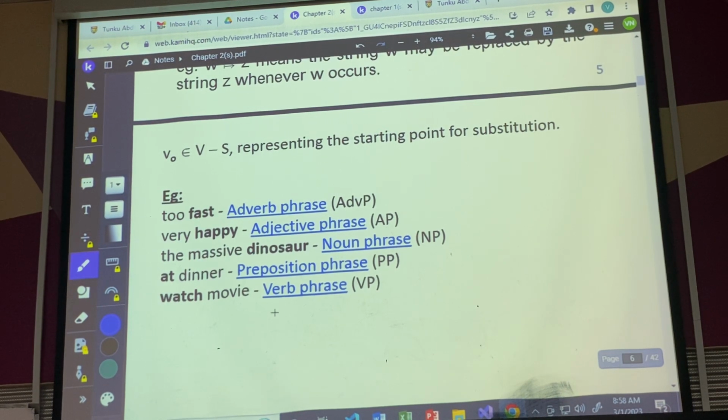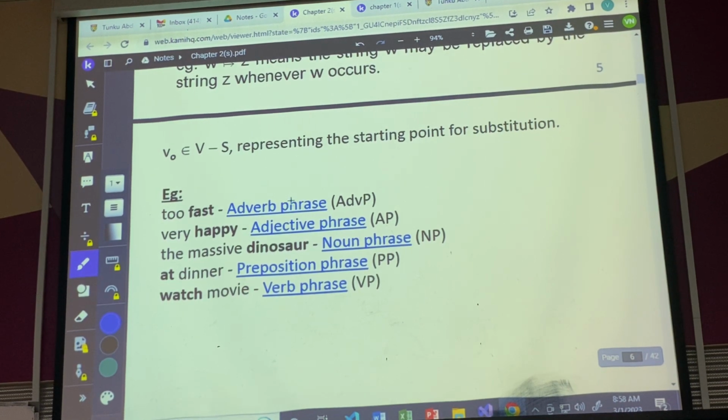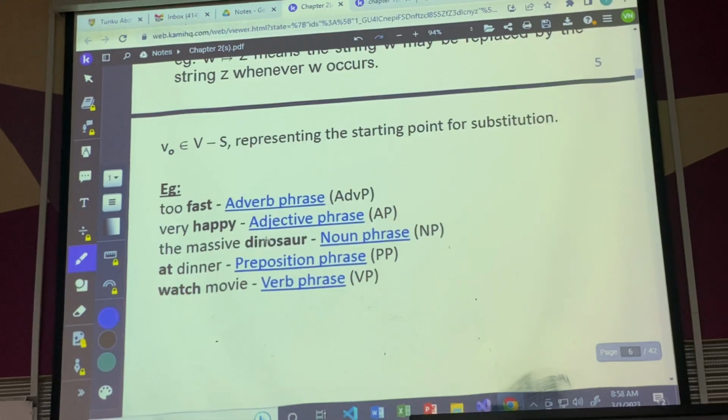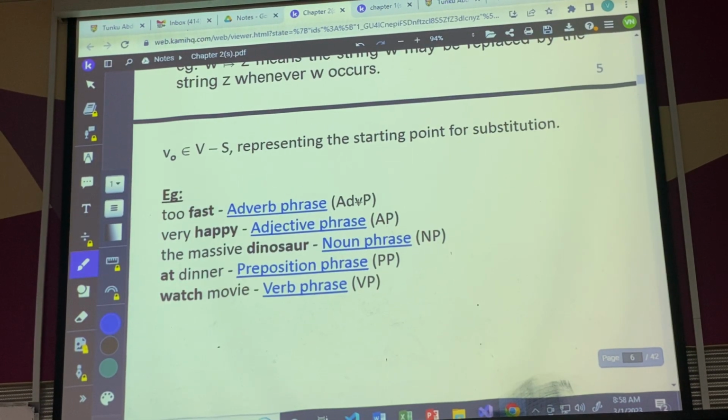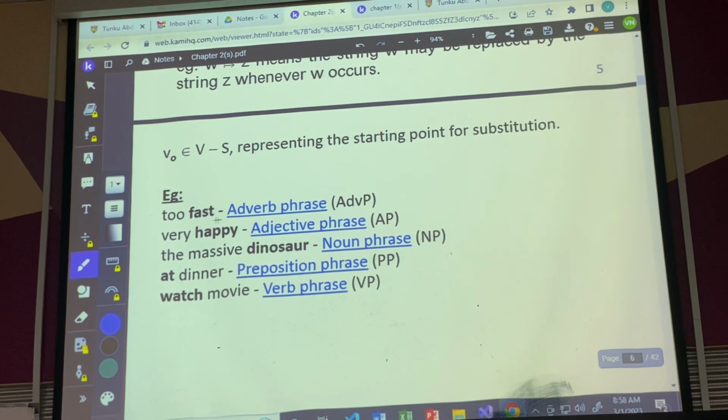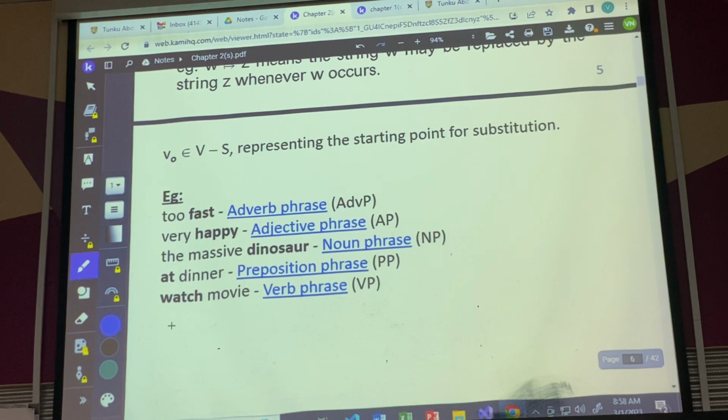And watch movie is a verb phrase. Watch is verb. So these are the examples of the words we use in the final sentence and the phrases that we don't use in the final sentence. Okay? So if you combine all these, it will be inside set V. The set S will only have fast, happy, dinosaur, and watch. All this in the set S.